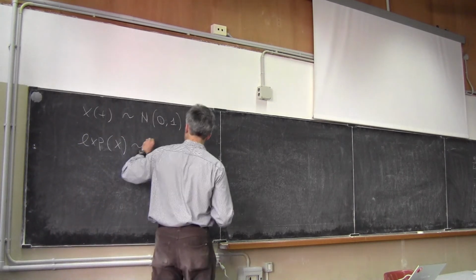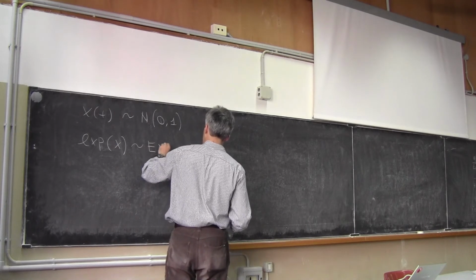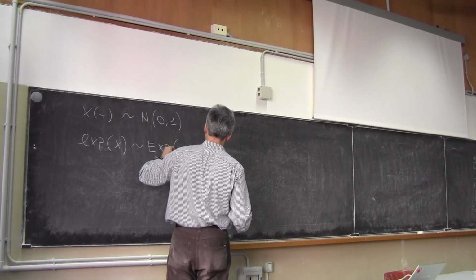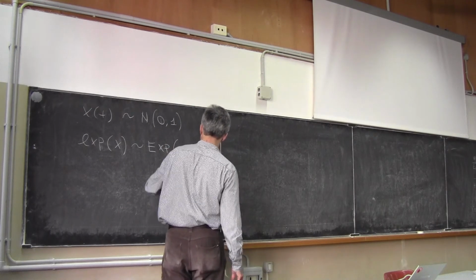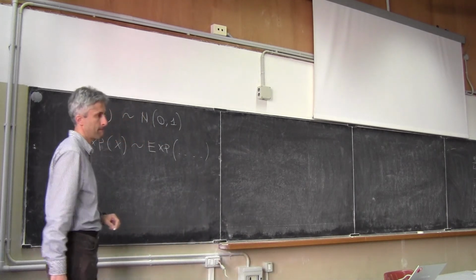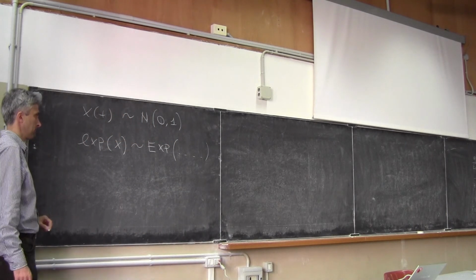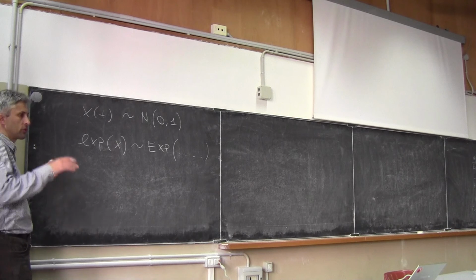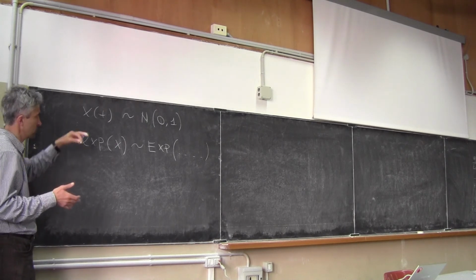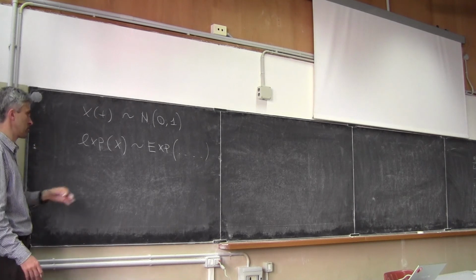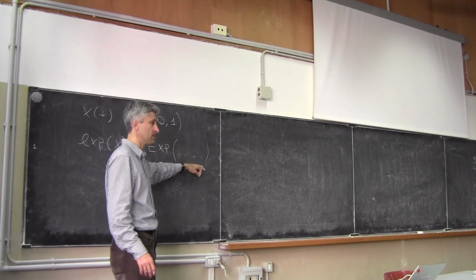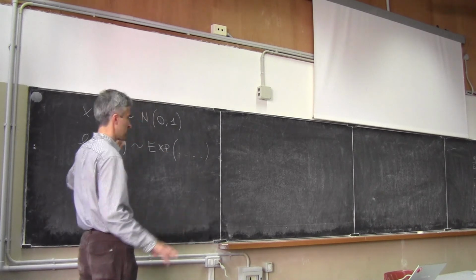And so I can write that the distribution is exponential with assigned parameters, which of course depend on the original distribution and so forth. In this case, the parameters could be analytically computed, but let's forget this.